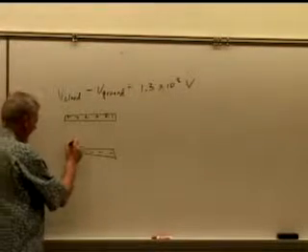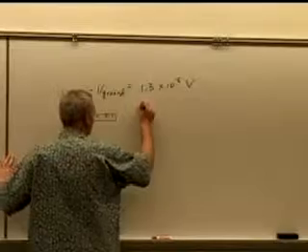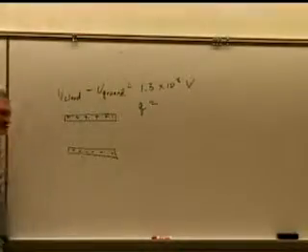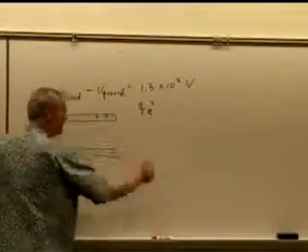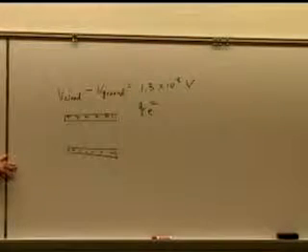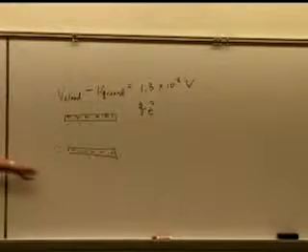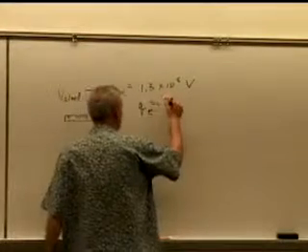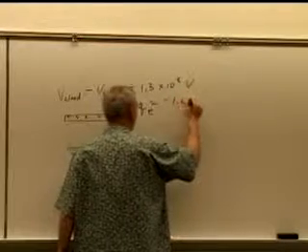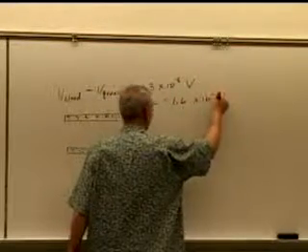So now we've got an electron, where Q. What's the charge of an electron again? Remember? It's minus E, which will be negative 1.6 times 10 to the negative 19th coulombs.